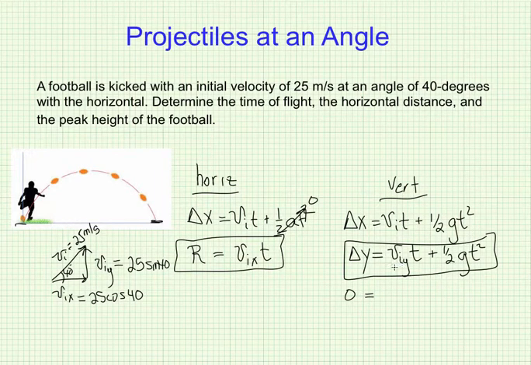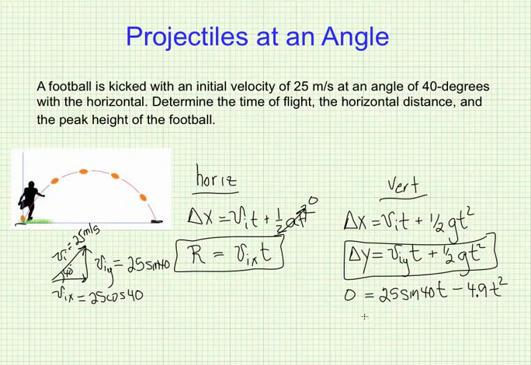So I'm going to have my initial velocity in the y direction. Notice that that's directed up, so that's going to be 25 sine of 40 times t. I don't know t. My initial velocity is directed up, but gravity is acting down, so I need to subtract 4.9. I got that 4.9 by simply taking half times 9.8 times t squared.